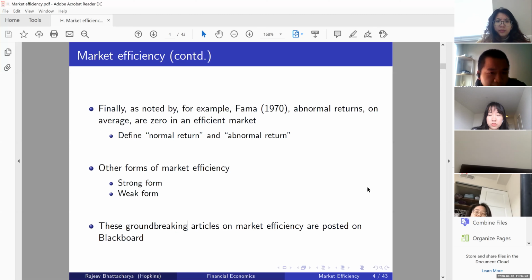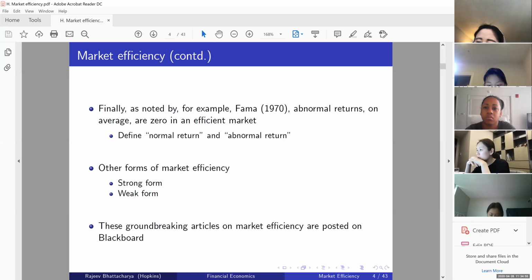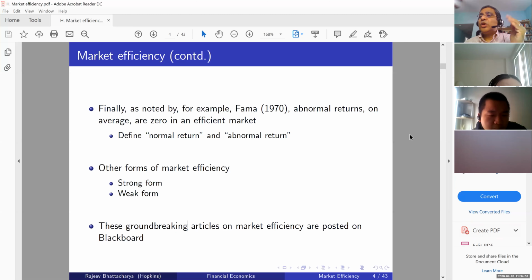Whenever we're talking about a return, the extraordinary return is the idiosyncratic effect on that particular day over and above what we expect the return to be. So would the normal return be the expected return? Yes, and what is that?